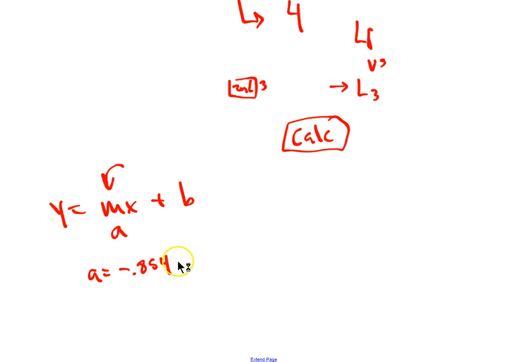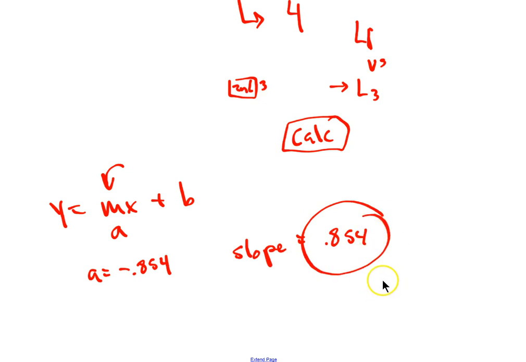Raise your hands if that's the value on your screen. Okay, so we're very close. Is that my slope? No, it's close. What's my slope? 0.854. Slope is equal to negative k. It's okay. So there we have it. 0.854.